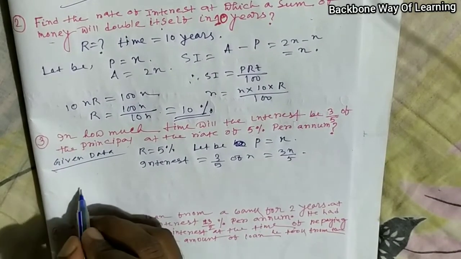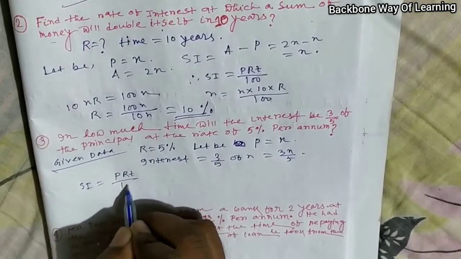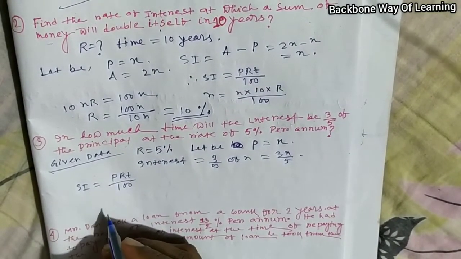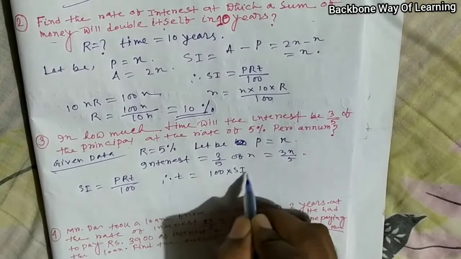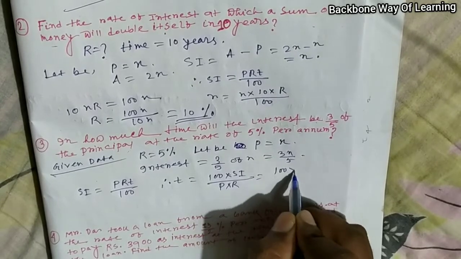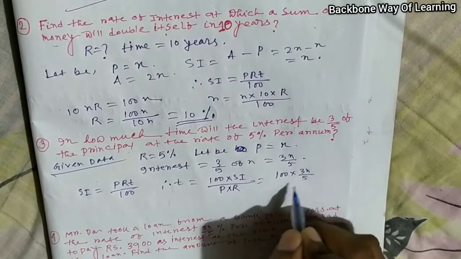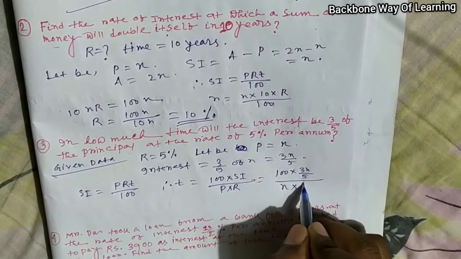We put the formula of simple interest, PRT by 100. T is equal to 100 into SI by P into R. P is equal to x, R is equal to 5.